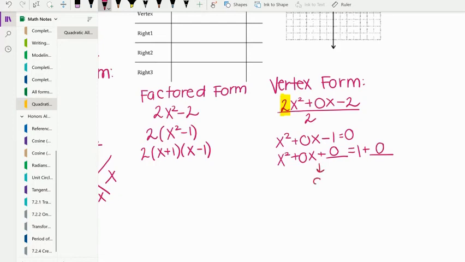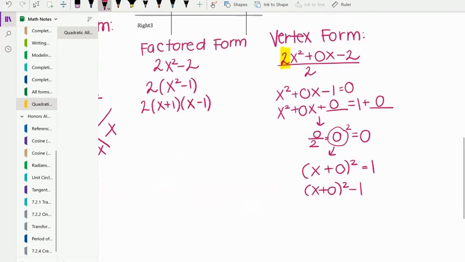I'm going to circle that number, and then you square it, and you get 0. So then remember, that is your factor, so you get (x plus 0) squared equals 1. And then I'm going to go ahead and bring it over, (x plus 0) squared minus 1.